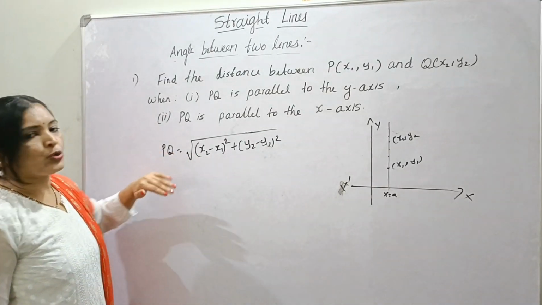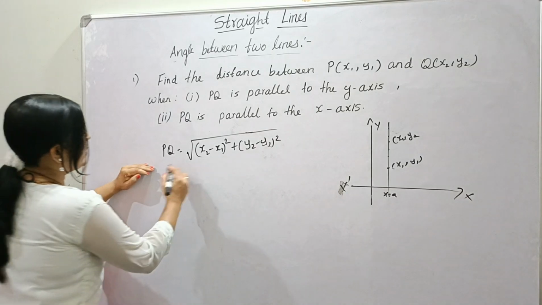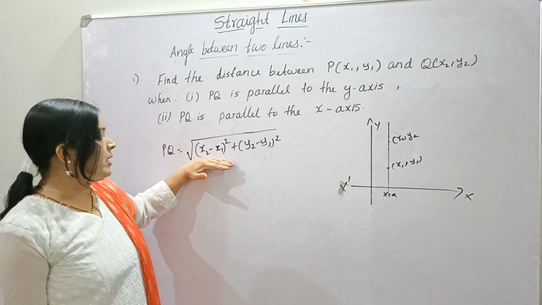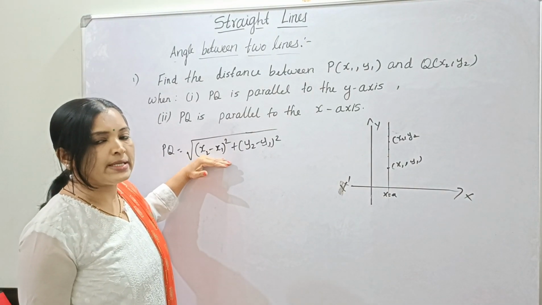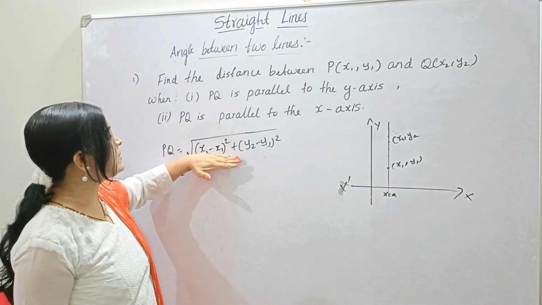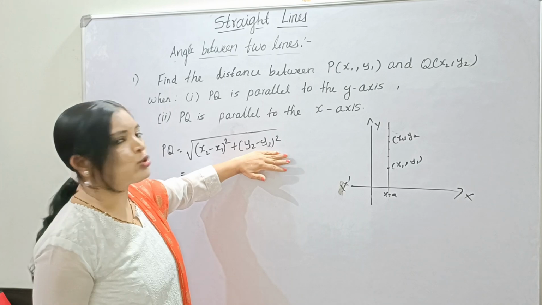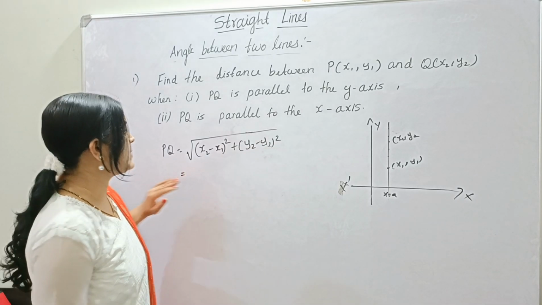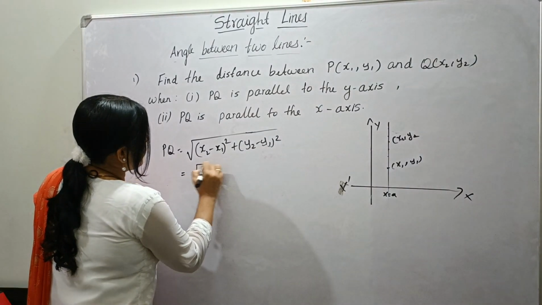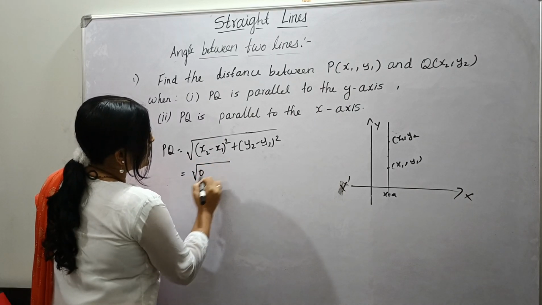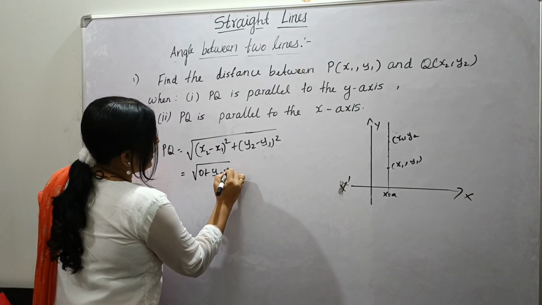That is the distance between two points. So here, if x1 and x2 are the same, that is x1 is equal to x2, then this term will be 0. So the square root of 0 plus (y2 minus y1) whole square is equal to the square root of (y2 minus y1) whole square, and the square root cancels. So it will be y2 minus y1.